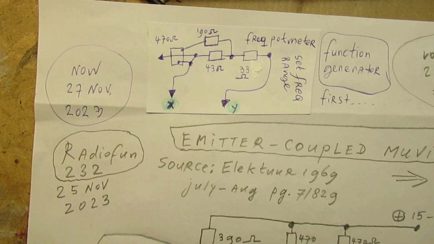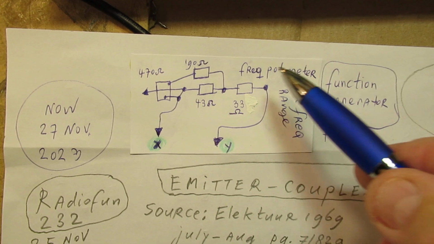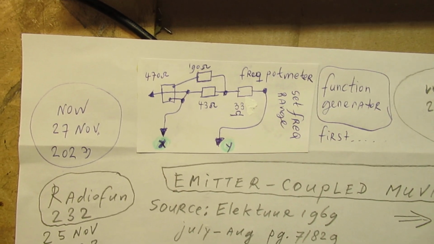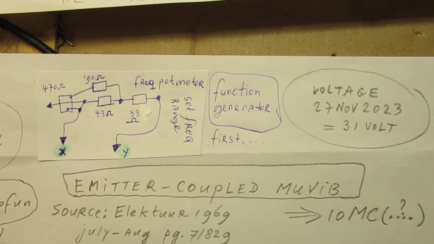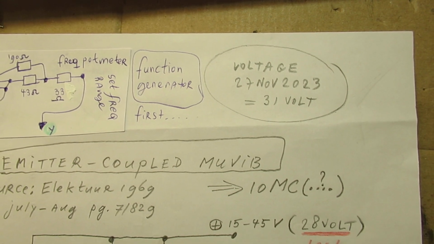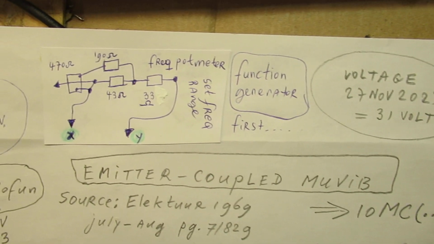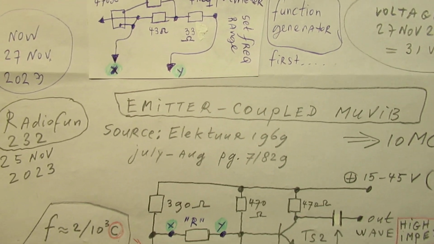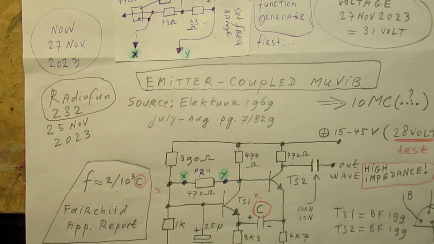By the way, this is new. Here I want to tell more about it. Now it is 27 November 2023. The first circuit was earlier. Anyway, in fact the whole circuit is exactly the same.